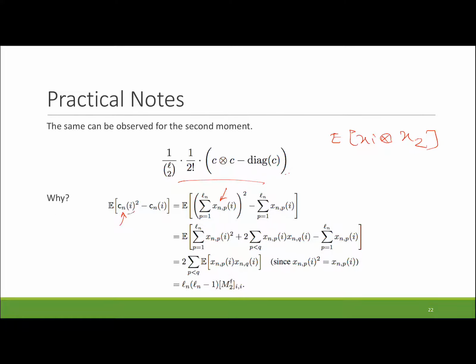If I expand, the Cn is basically just summing over all the words, right? Because they are one-hot representations, if we sum all the X's, we are going to get Cn. We just expand this, and we get this form. And if we now, again, expand this, we are going to get this. And this is just my M2.